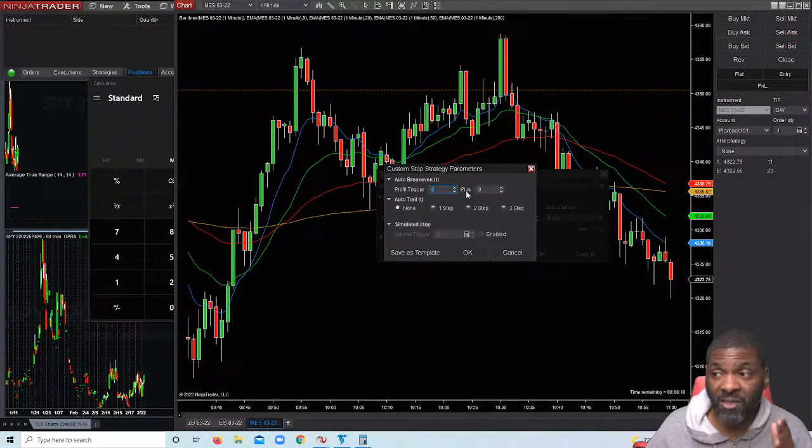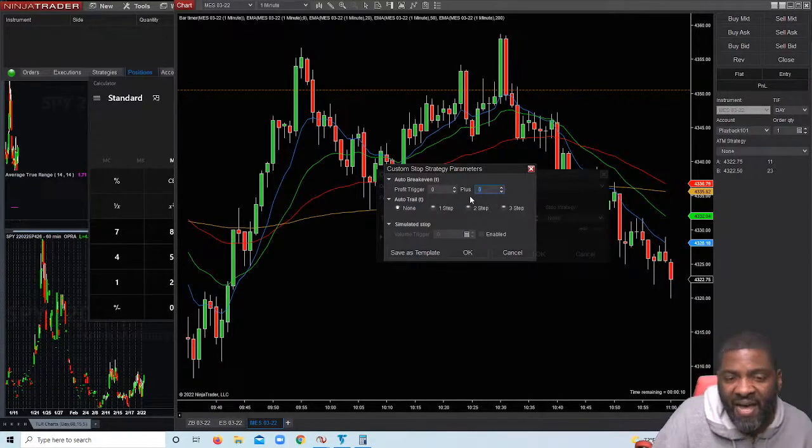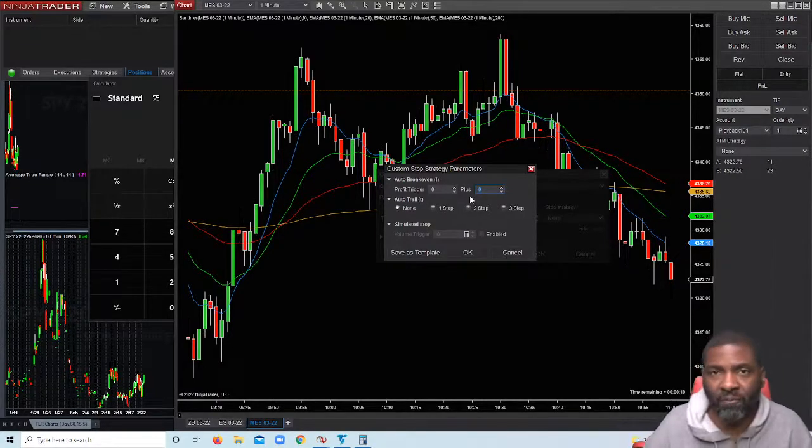The plus means move my stop plus however many ticks from when I bought it. So if I leave this at 0, it'll move me to the price that I bought it. If I put this at -5, it'll move me to -5 ticks from the price that I bought it.